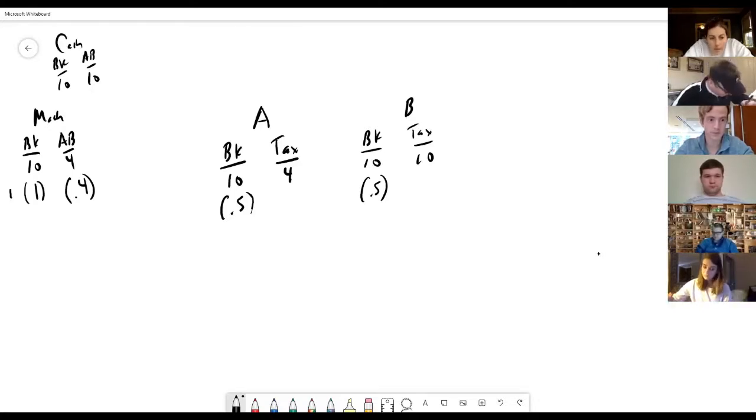Step 3, allocate to the non-contributing partner. We're going to try to get the non-contributing partner the full amount of the book items, tax equal to book. But the ceiling rule says we can't give them more than we got. So we can only give B 0.4 of tax depreciation. That's all we got. The ceiling rule here applies.